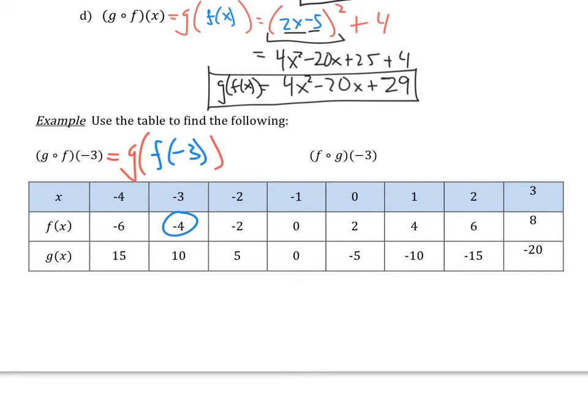So we can rewrite this as g of negative 4. All right. And so when we put negative 4 into g, we get 15. So our final answer is 15.